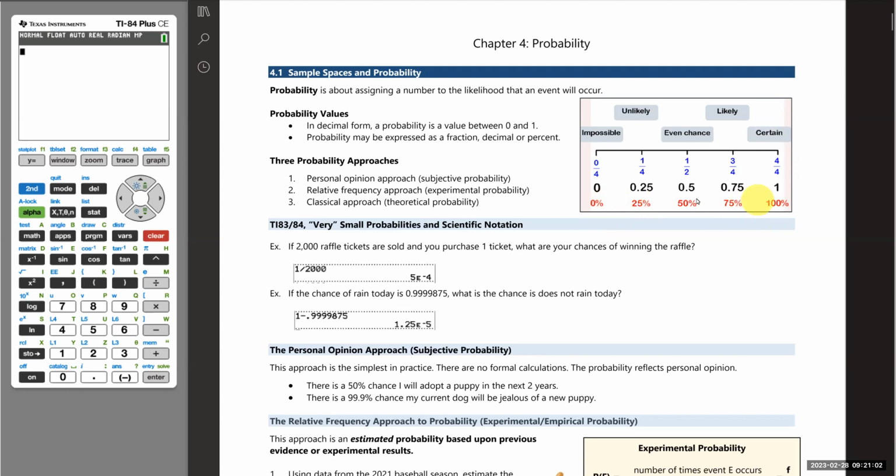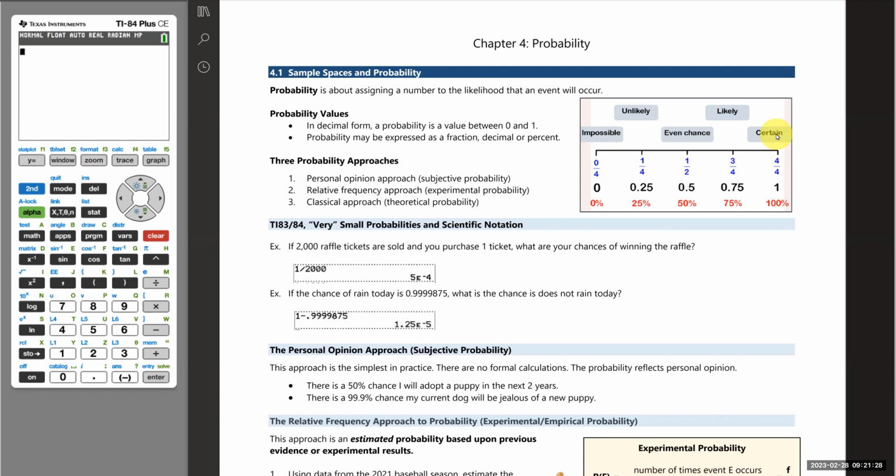So probability in percent. And just like proportions we started the semester with, probability can always be expressed as a percent, of course, but also in fraction or decimal form. We tend to work in decimal form as we do math moving forward. So 0 for an impossible event and a probability of 1 for an event that's certain to happen.